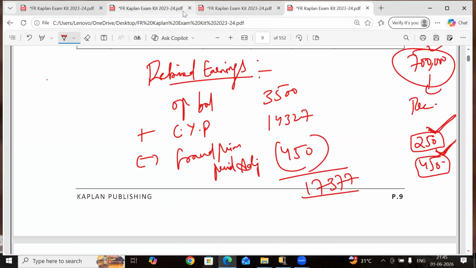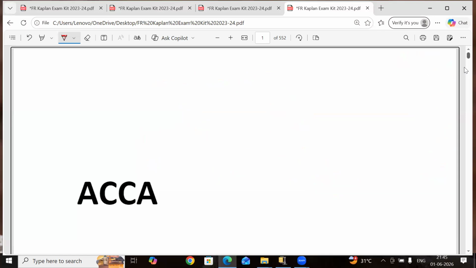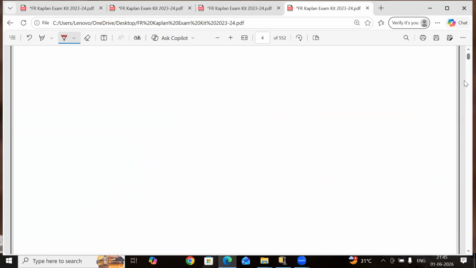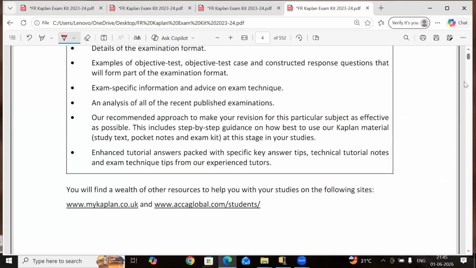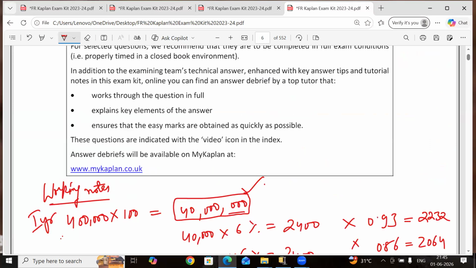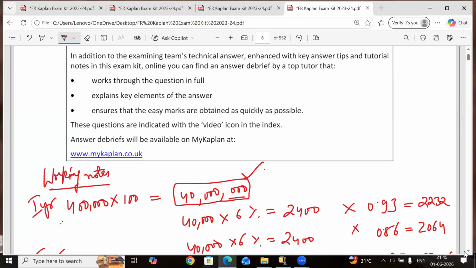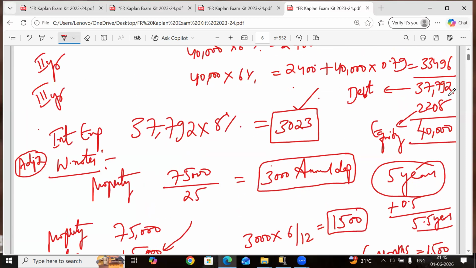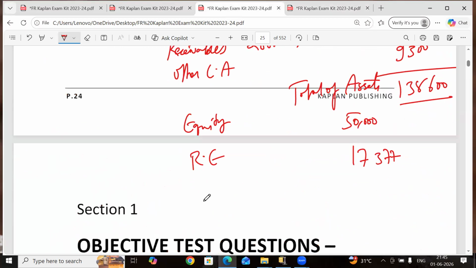I explained it in working note number 1. We calculated the equity element, and that equity element was 2208 to be taken in the equity section. So we're going to take this as other component of equity.